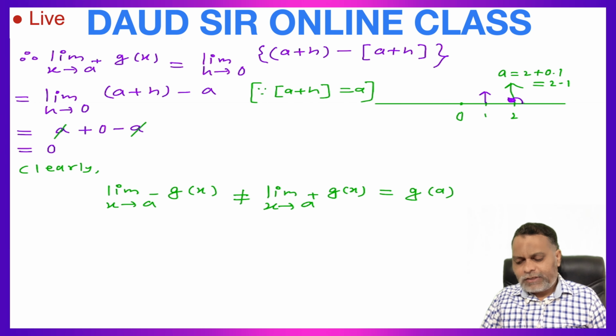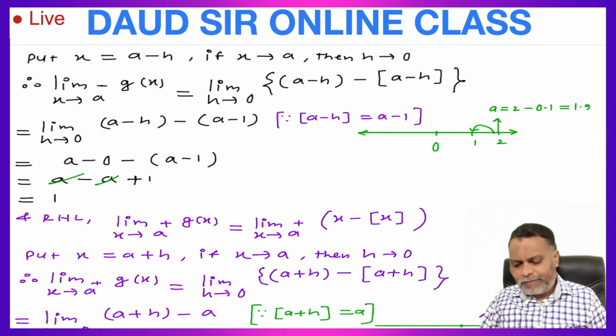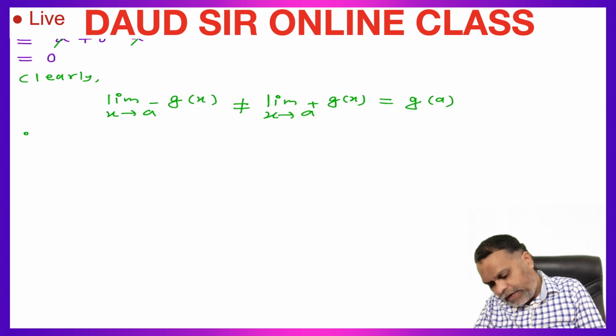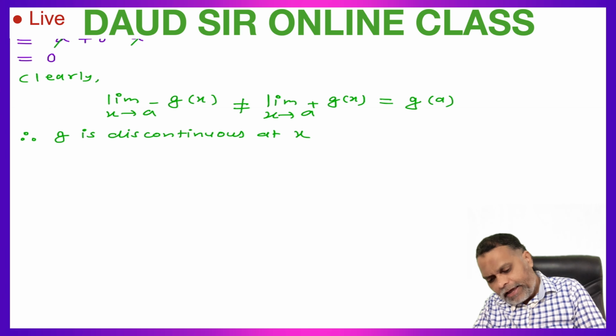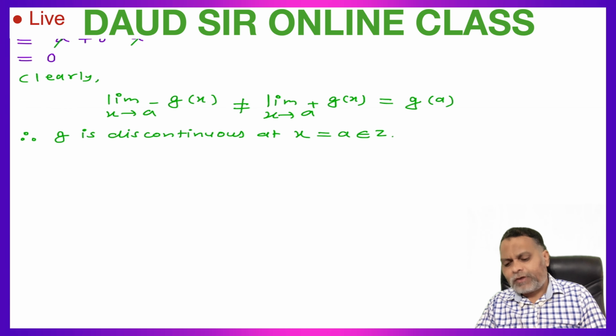The right hand limit and this g of a are 0, and the left hand limit is 1. Therefore, g is discontinuous at x is equal to a, and a belongs to integer.